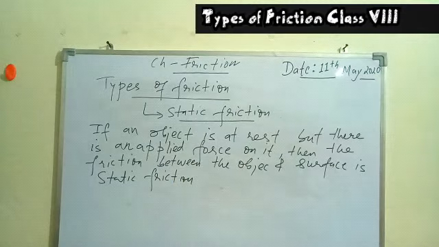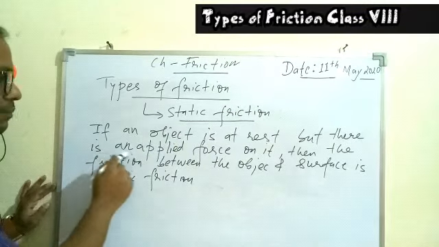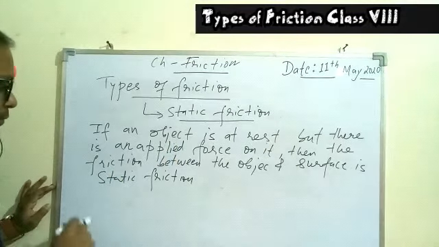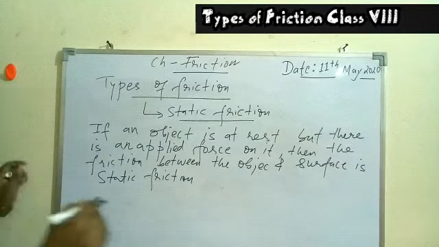So to read it out once again, if an object is at rest but there is an applied force on it, then the friction between the object and surface is static friction.